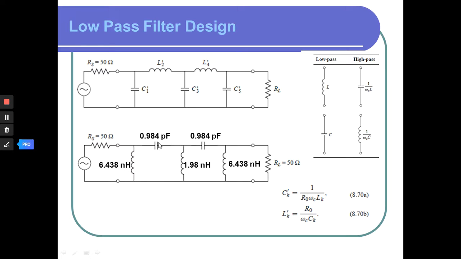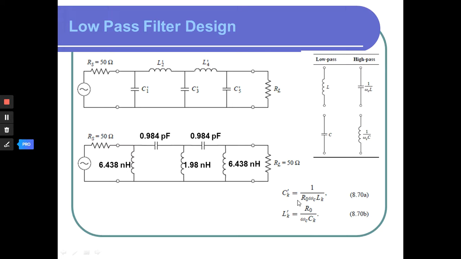And then for C2, we need to use R naught omega C G2. You can find this equation in chapter 8, 8.70a. So these two equations are to convert this one for the high pass filters.